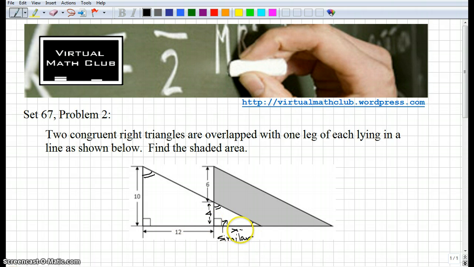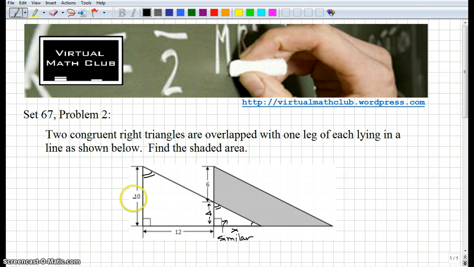I could label the vertices and say that triangle ABC is similar to triangle ADE or something like that. But this small triangle is similar, a scaled down version of the big triangle, which means that the ratio of the sides are the same.